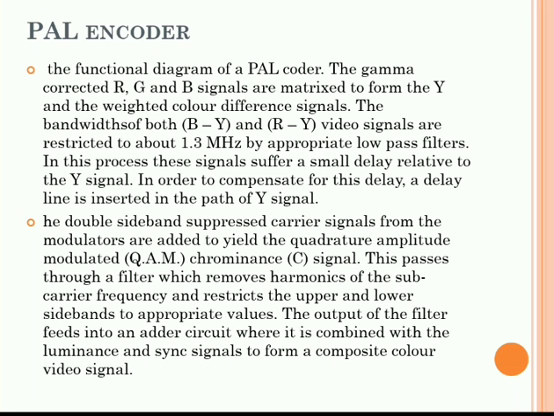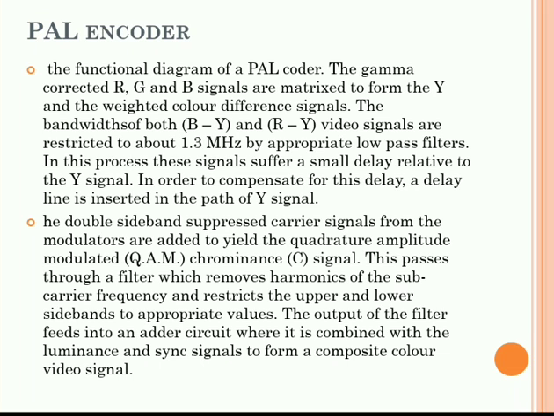The double sideband suppressed carrier signals from the two modulators are added to yield the quadrature amplitude modulated chrominance signal. We want to have the quadrature amplitude modulated chrominance signal.